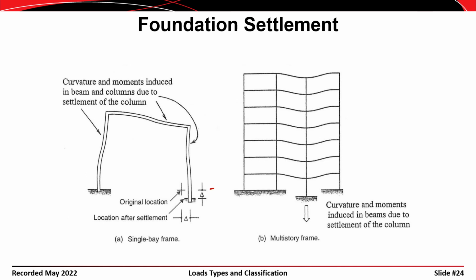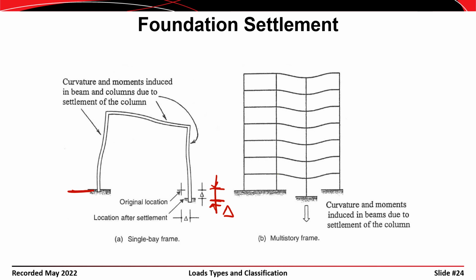So here on the left, you can see we have a differential settlement where we have some foundation displacement on the right-hand side that is different than the left-hand side. That tends to impose more forces in the building than a uniform settlement, where the entire building would be translating downwards together. And the same thing is true over here on the right-hand side.